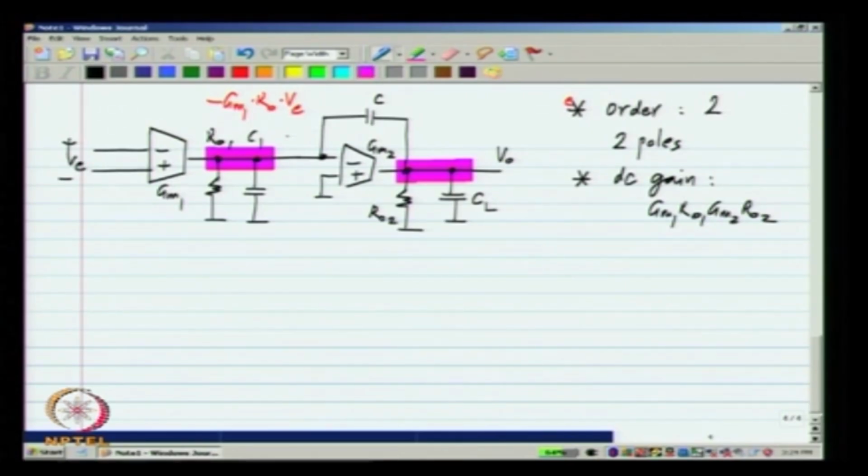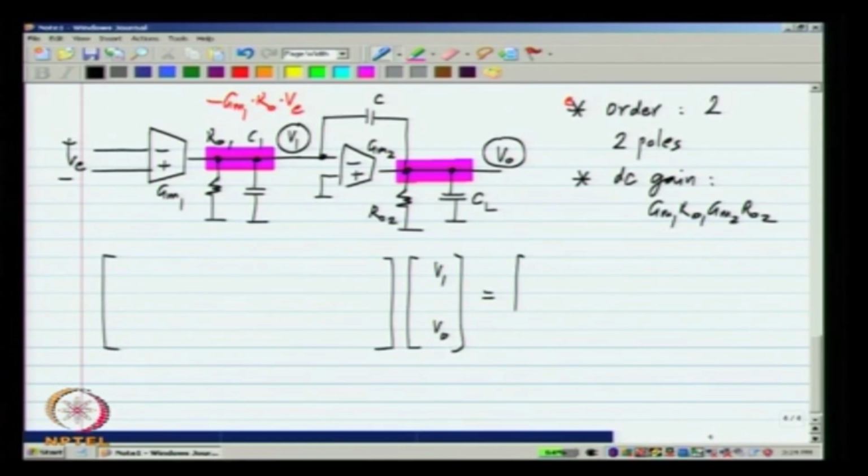First of all, KCL at this node, let me assign this node voltage to be some V1, and this is of course V0, and I will write it in a matrix form, some admittance matrix times the vector of voltages V1 V0 equals the vector of source currents, that is currents flowing into these nodes. First of all, the current flowing into this node containing V1 is minus GM1 times VE.